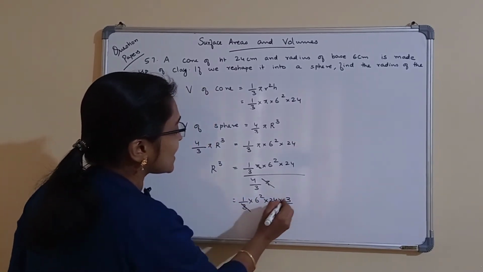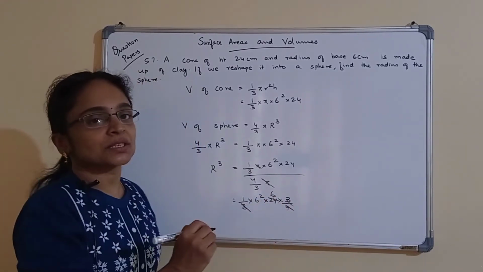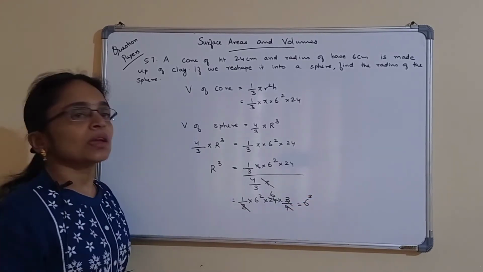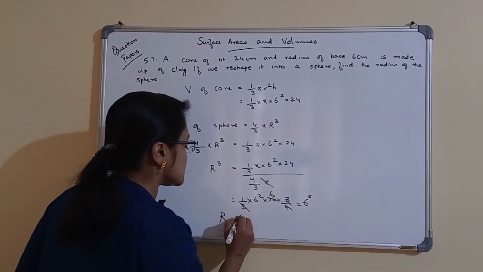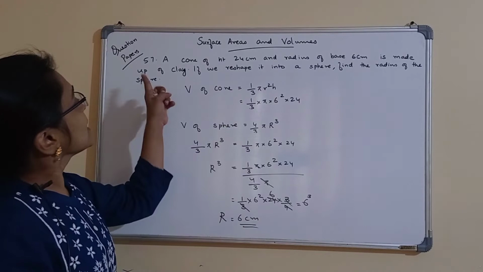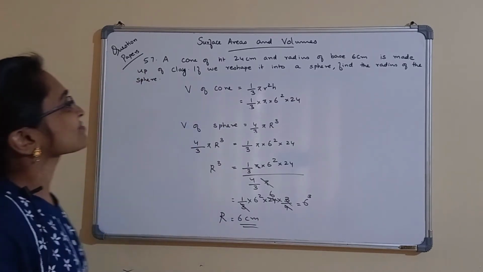So 3 and 3 will get cancelled and 4 will go in 24 6 times. So this is equal to 6 cube. R cube equal to 6 cube means R is equal to 6 centimeter. So the radius of this sphere is 6 centimeter. Understood?